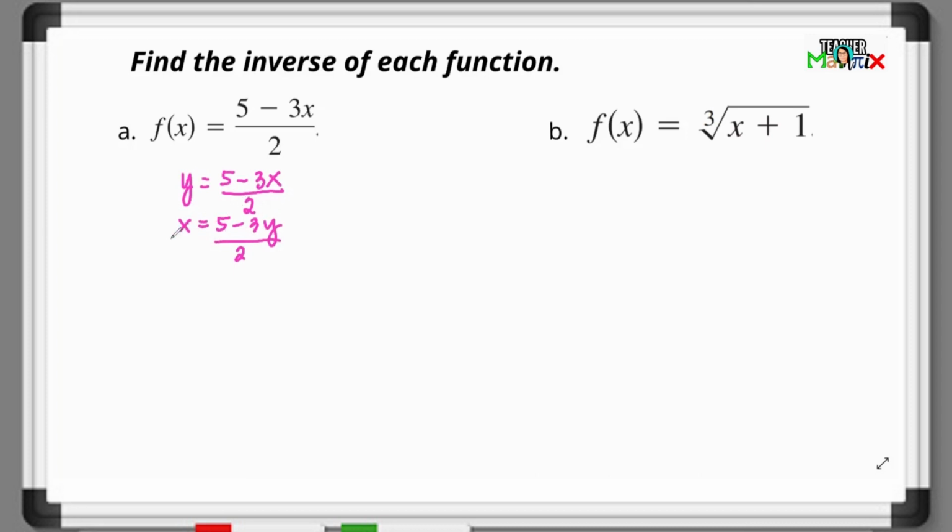Then, para hindi ma-confuse, mag-over 1 tayo kasi i-cross multiply natin yan. Remember, kukunin natin yung inverse ng function na to. So, meaning, let's start multiplying. 2x equals, okay, since 1 yan, just copy 5 minus 3y.